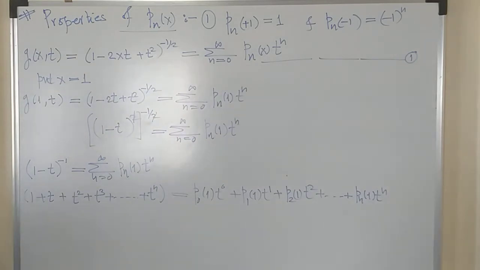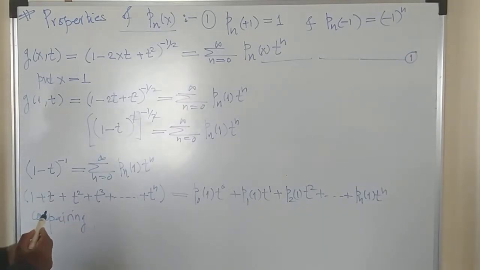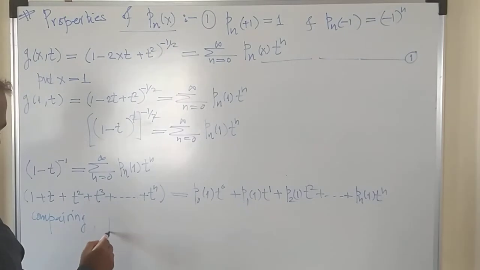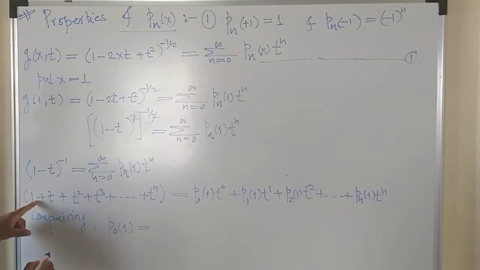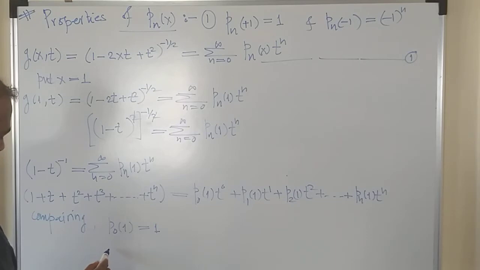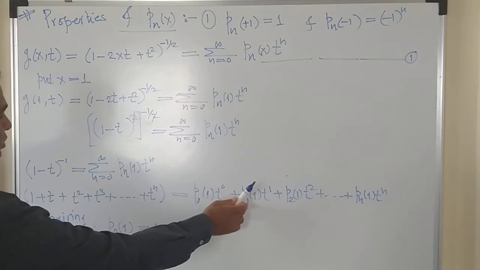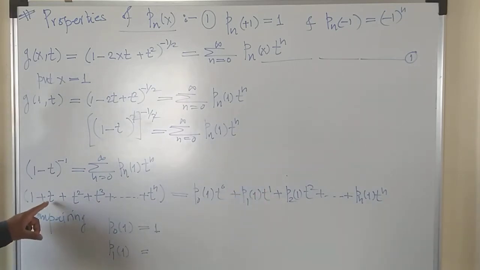Now once we got this, we can compare the powers of t. So t raised to 0 is 1, and its coefficient is 1, so P0 of 1 is 1. Similarly, P1 of 1 is the coefficient of t raised to 1, which has a value equal to 1.